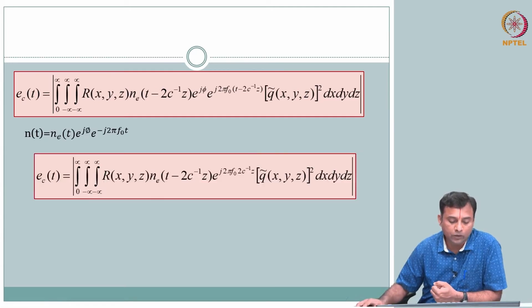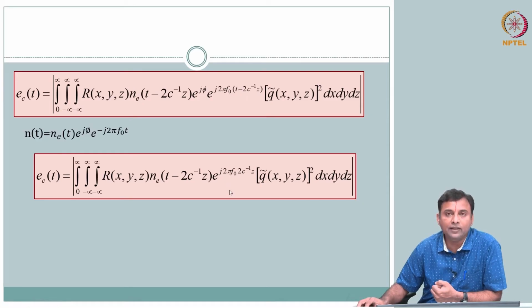Okay. So, now what do we do? Well, EC of t is modulus of R x y z, right, your envelope e^{j phi}. Oh, where has this e^{j phi} gone? Not only that, look here, 2 pi f naught t is not here.